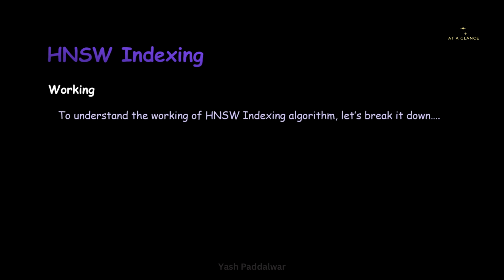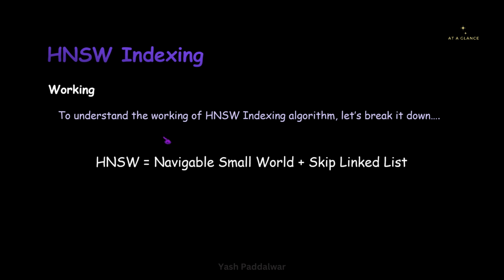To understand the working of the HNSW indexing algorithm, we'll first have to break it down by the keywords present inside HNSW. We can simply say that HNSW is a combination of two things. The very first is the subset of keywords already present inside the word HNSW, that is navigable small world.